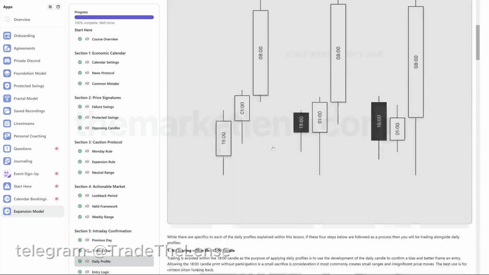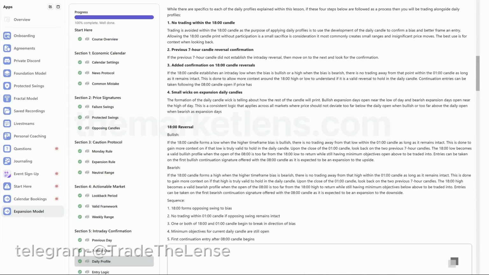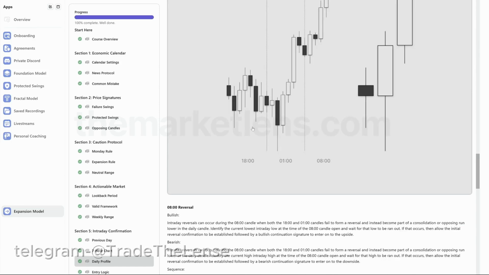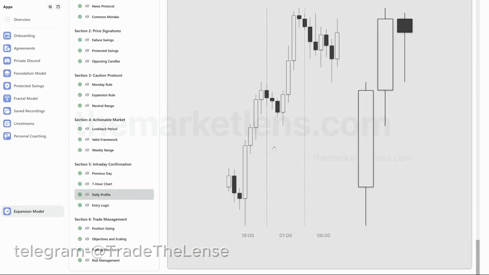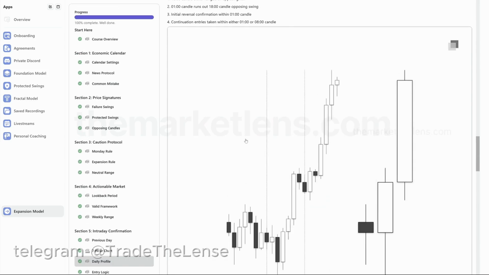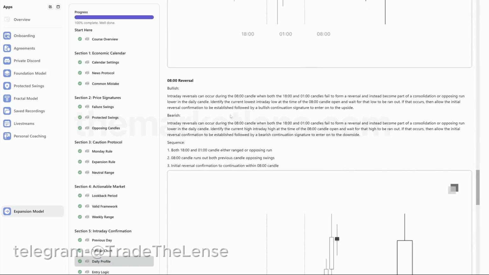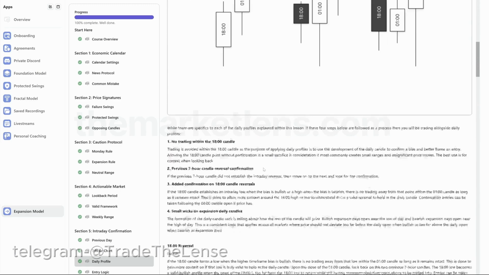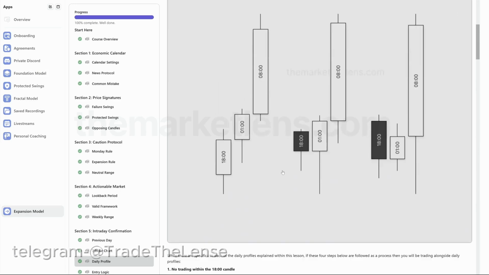But it's basically just, if you follow these steps, you are going to be trading alongside the daily profiles. So that's really daily profiling there. And you can read through, like I said, the specifics of each one within this here. But it's very simple with these 4 steps of what you're looking for.